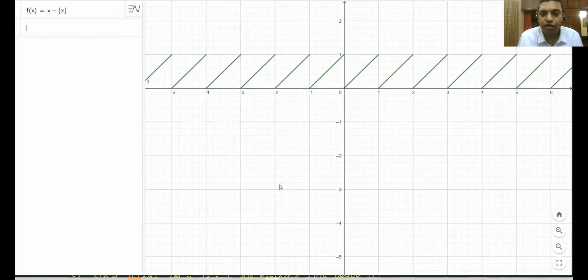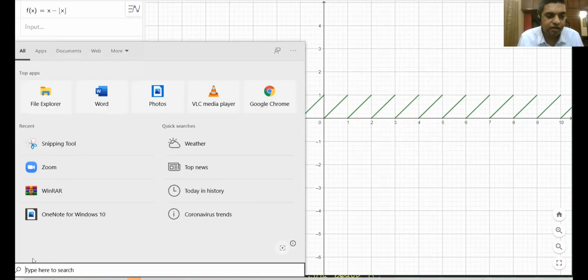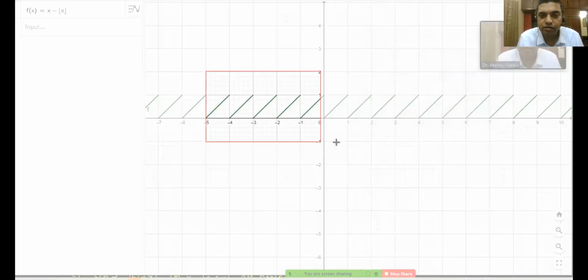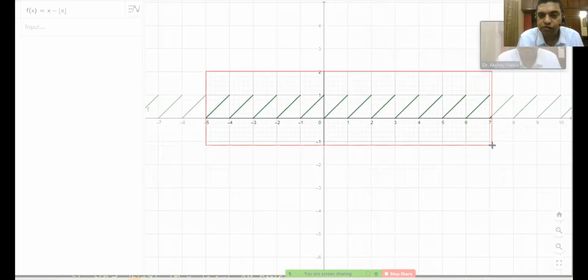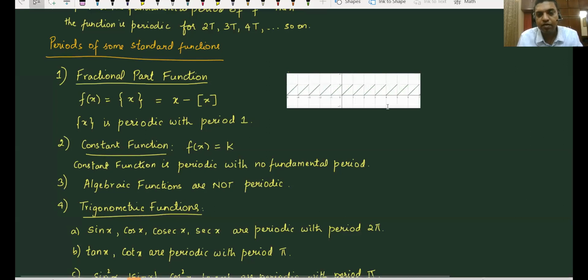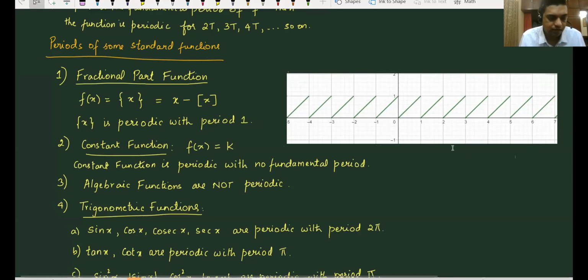Right now, when we are talking about periodicity, I'll just restrict myself here so that you understand that this is a periodic function. Soon I'll be dealing with this function in more detail. So this fractional part of x is a periodic function.